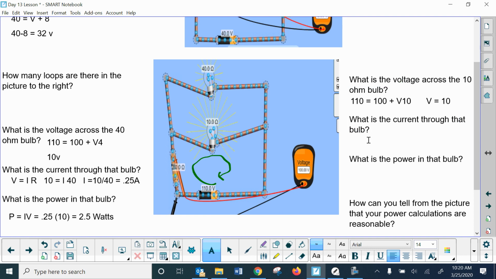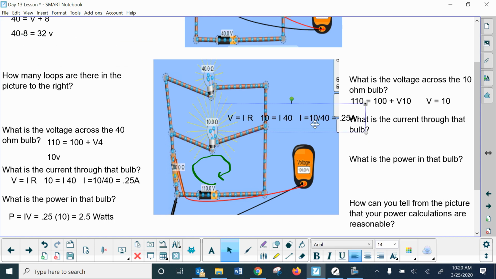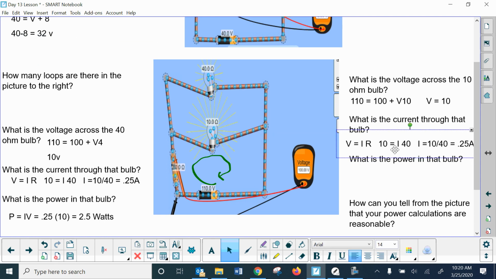The current in that bulb, you would just do the same kind of thing to solve for current. So if I use Ohm's law and just switch out the numbers, it would be 10 equals I, and then this resistance is only 10 in this light bulb.